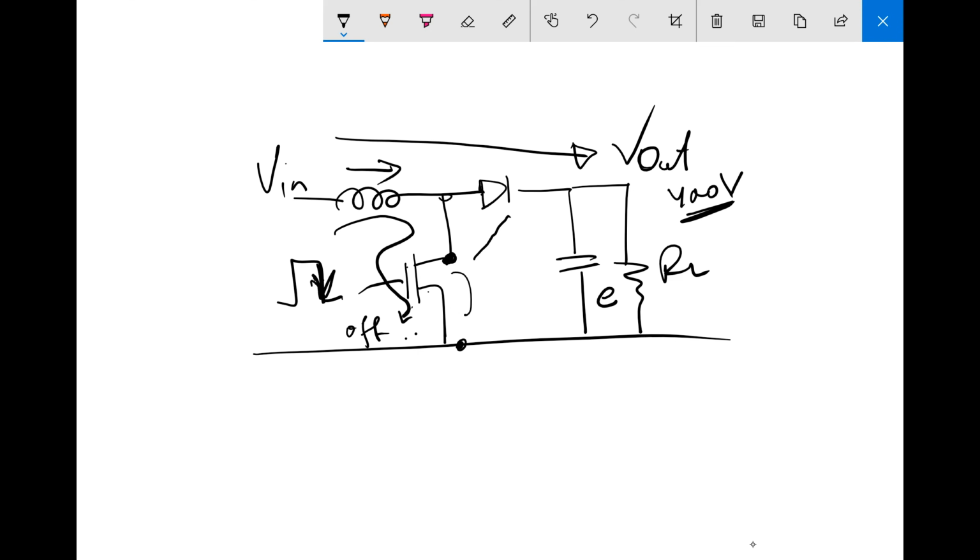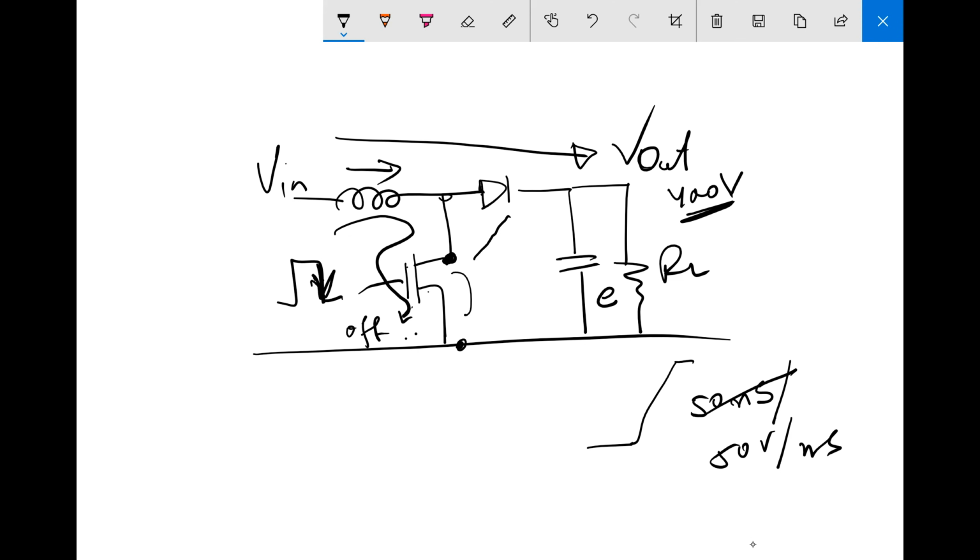And we have a span of 400 volt, and we are allowed 50 nanosecond, 15 volt per nanosecond.